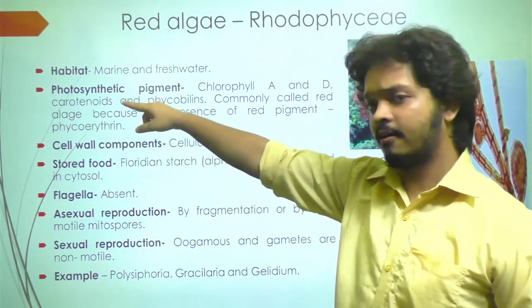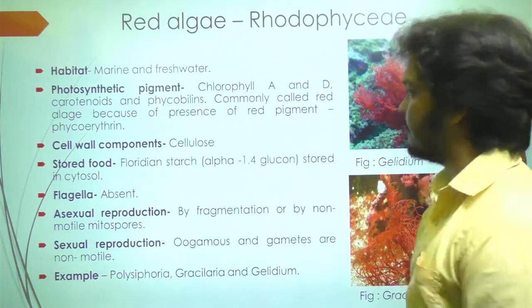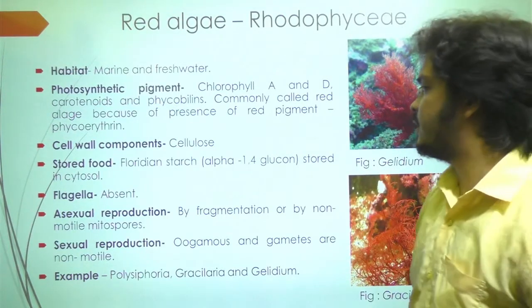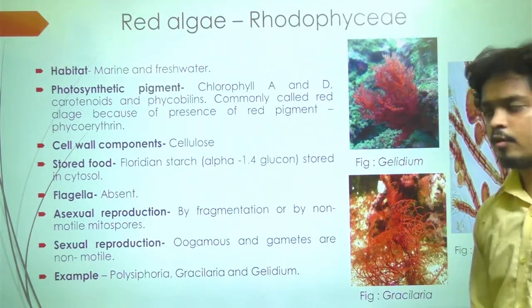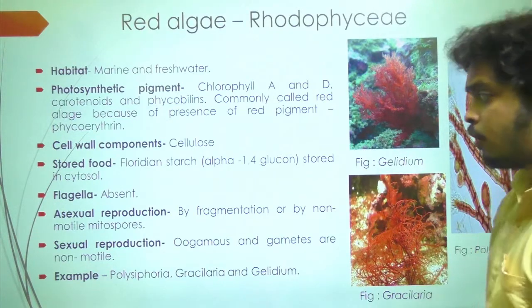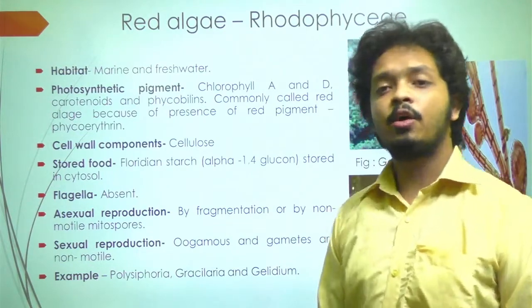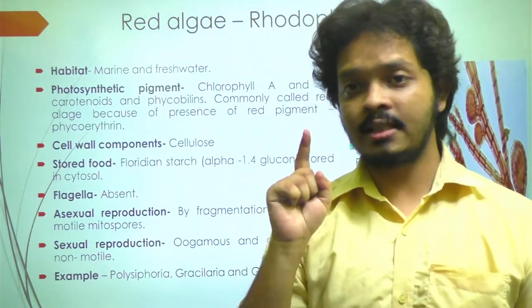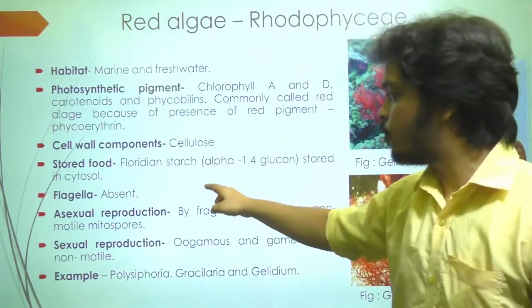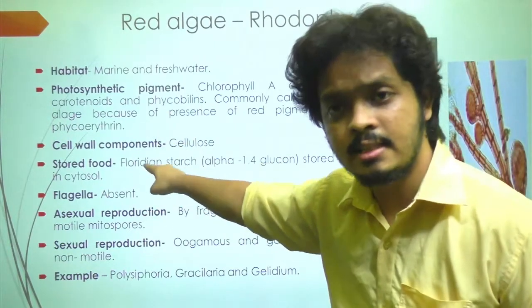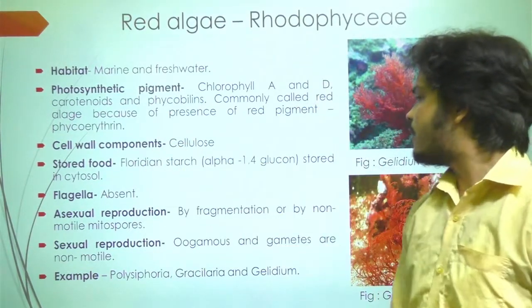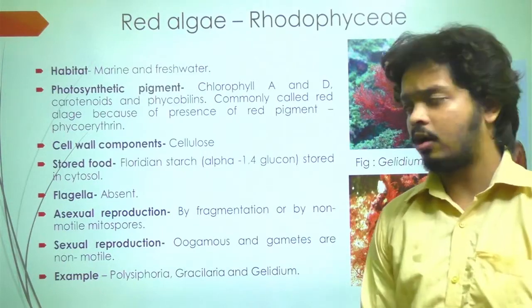Now, cell wall components: its cell wall is made up of cellulose. Stored food is Floridean starch. What is it? It is called Floridean starch. Never forget, the stored food is Floridean starch. Okay, alpha 1,4-glucan stored in cytosol.